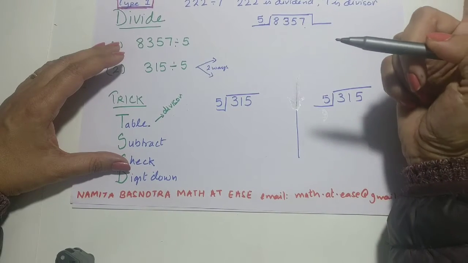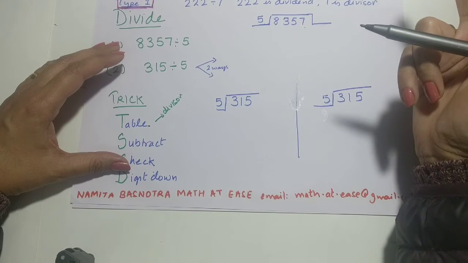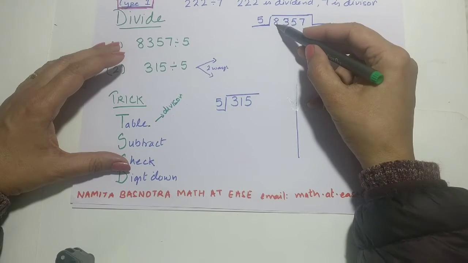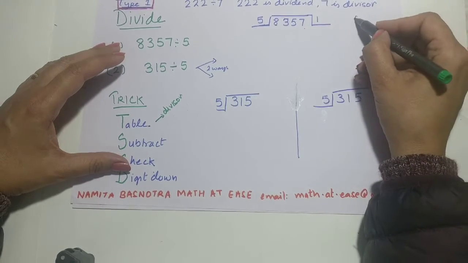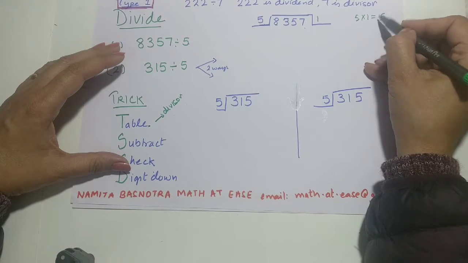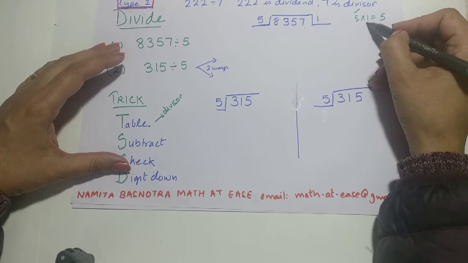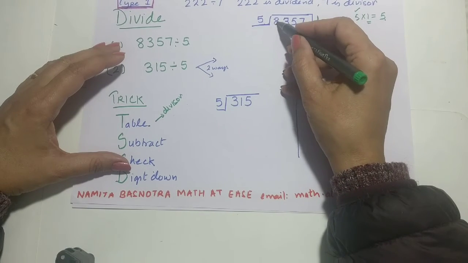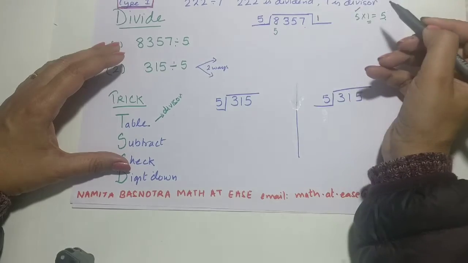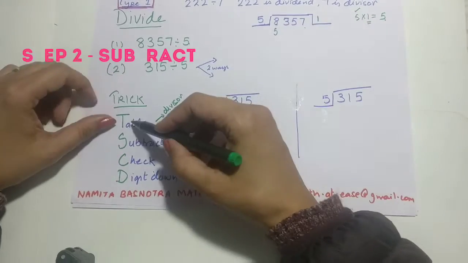So 5 ones are 5 and 5 twos are 10, right? So 10 is more than 8, so I will use 5 ones are 5. So 5 is a divisor already there, 1 will come over here, and this 5 I will write under 8. Okay, right? So this is my first step.